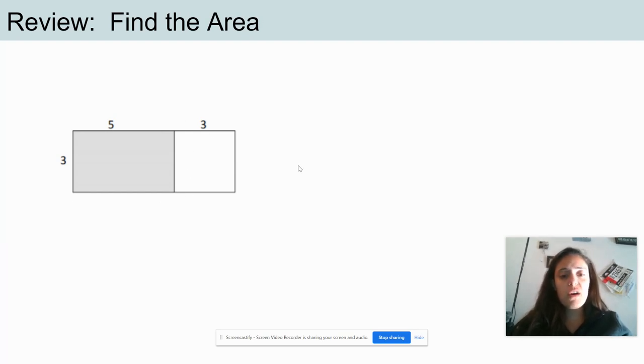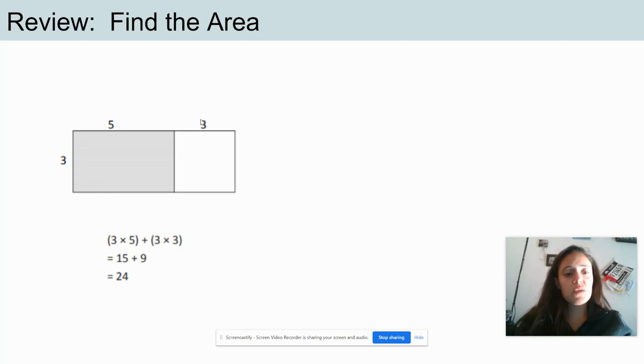So in order to solve this, I have to think, what equations can I make to solve this array or this area? So I know one side length is 3, the other one is 5. So my first equation could be 3 times 5, as well as 3 times 3, because if that side length is 3, this side length is 3 as well.